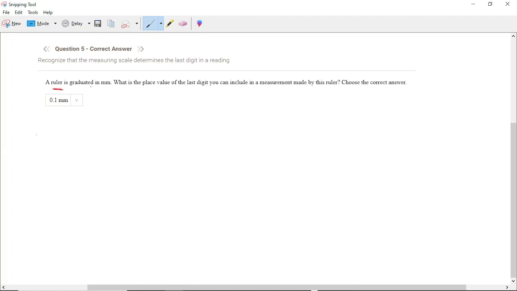A ruler is graduated in millimeter, mm. This stands for millimeter. What is the place value of the last digit you can include in a measurement made by this ruler? I have this ruler here and it says millimeter.